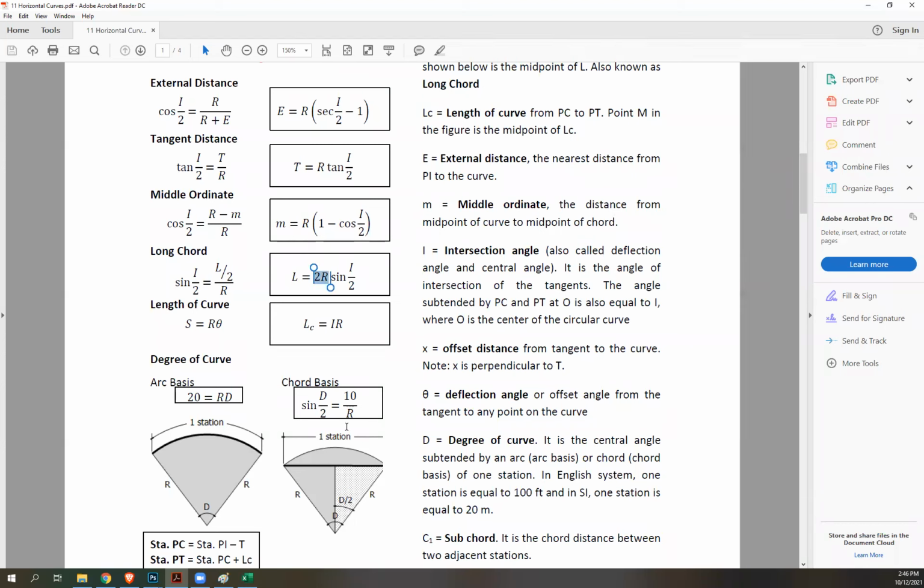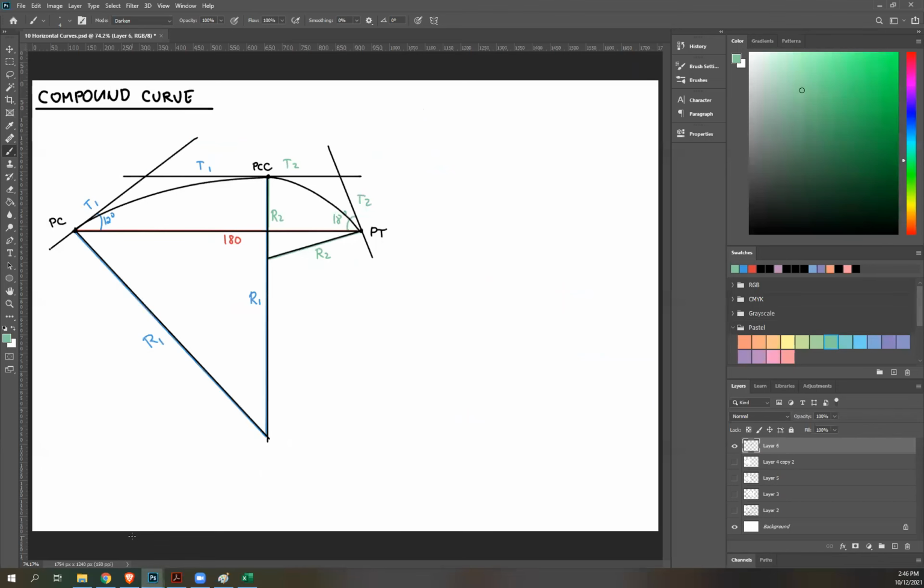So now the goal here is to get L and I. So this is the long chord of the first curve, L1. And this is the long chord of the second curve, L2.